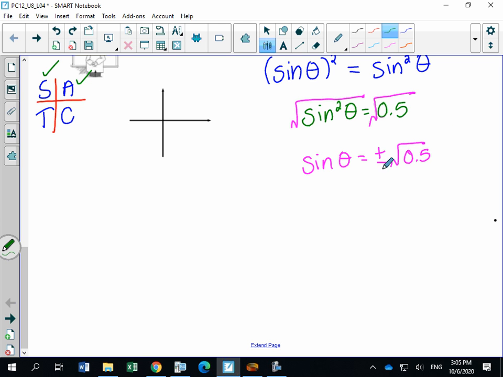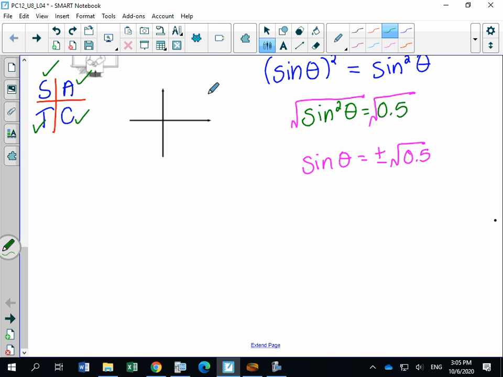Then our trig ratio is also negative square root of 0.5, which would be in quadrants 3 or 4. So this question is actually going to have 4 answers. We're going to have an answer in each quadrant. So once you figure out what quadrants we're in, the second step is to determine the reference angle.